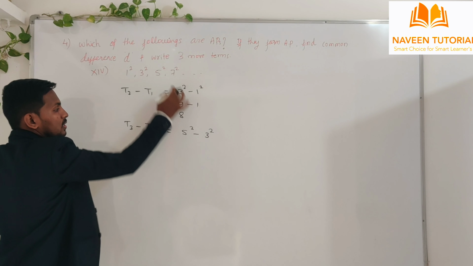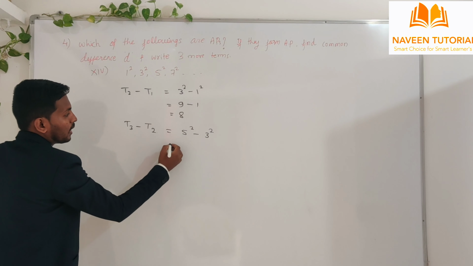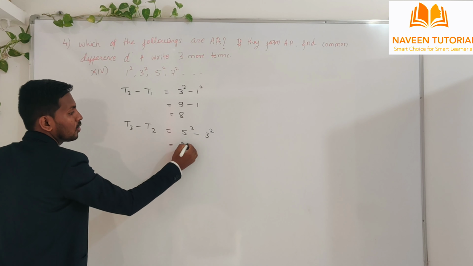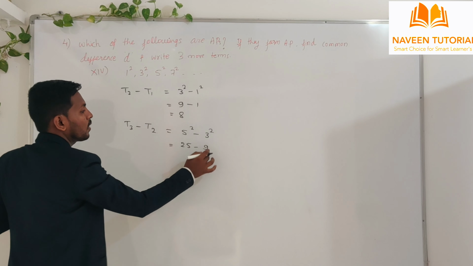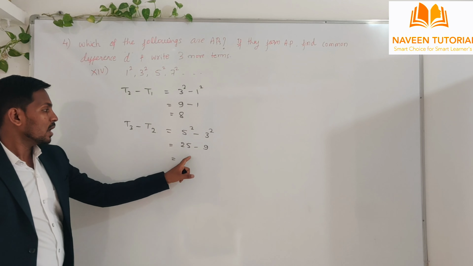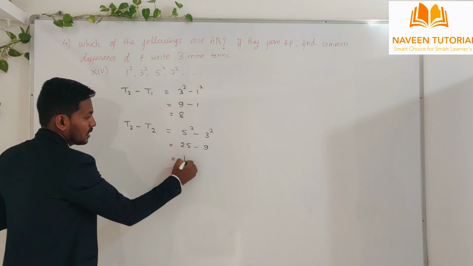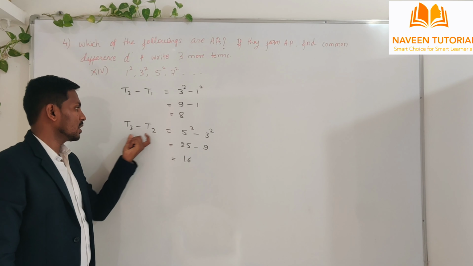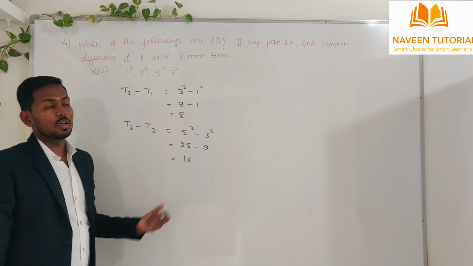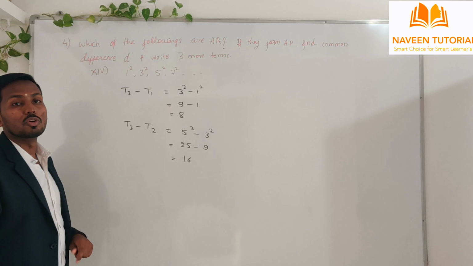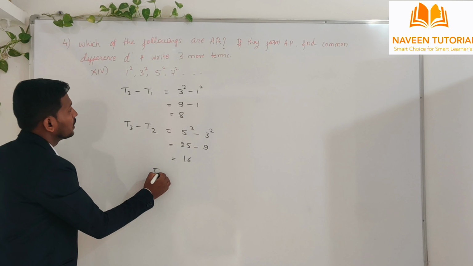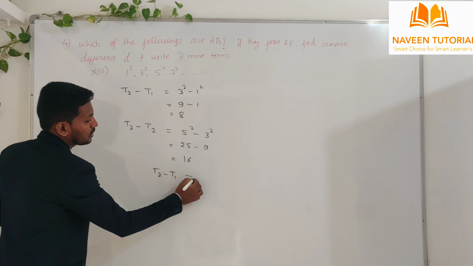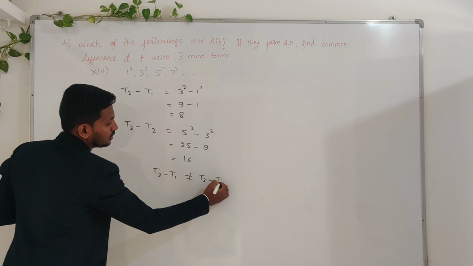The term 3 is 5 square and the term 2 is 3 square. So the 5 square value is 25 minus the 3 square value, 9. So 25 minus 9 is 16. So the T2 minus T1 value is 8 and the T3 minus T2 value is 16. Therefore the given situation does not form an AP, since T2 minus T1 is not equal to T3 minus T2.